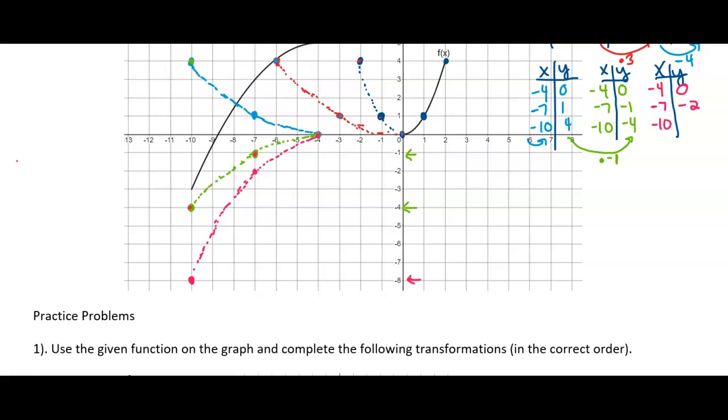And my point that was at negative 10 still has an x value of negative 10, but now instead of a negative 4, I have a y value of negative 8. So think about what you're doing right there: you're actually just multiplying by 2. Because it's a vertical stretch, whatever these y values are, you can multiply those by 2, and that will get you your new y values.